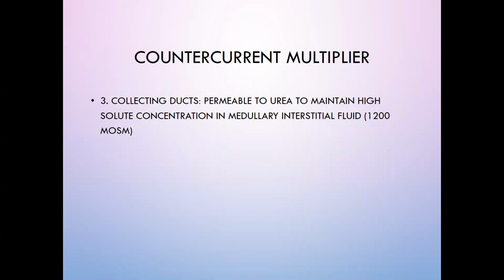Okay, so then collecting ducts are permeable to, oh, so Josh, here's the answer to your question right there. Permeable to urea to maintain high solute concentration in the medullary interstitial fluid. And because it's osmolarity, it doesn't matter what is contributing to the solute.